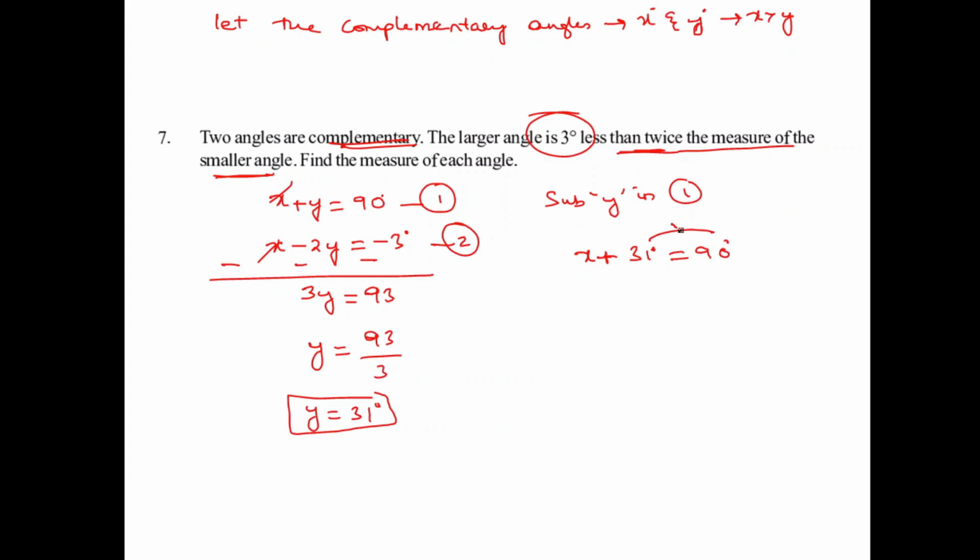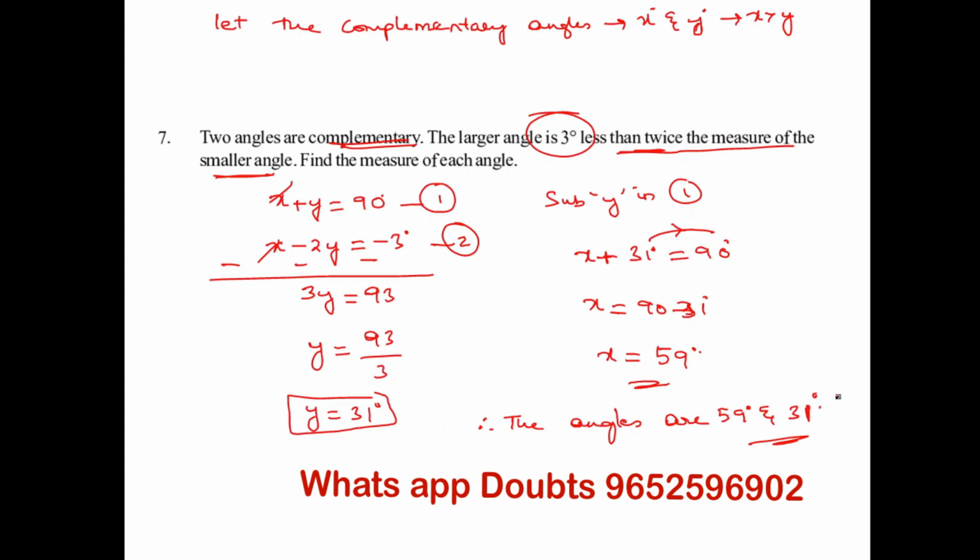Flipping to the other side, x is equal to 90 minus 31, which leaves 59 degrees. So the required angles are x equal to 59 degrees and y equal to 31 degrees respectively. Hope this is clear to everyone and there's no doubt about it.